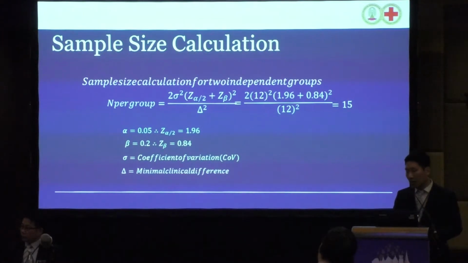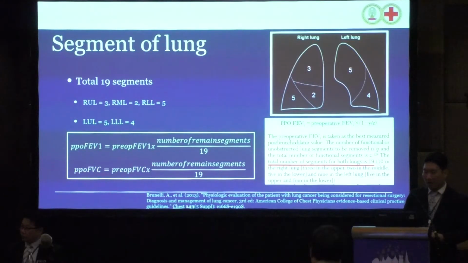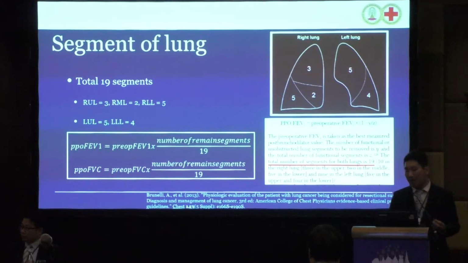Sample size calculation: we use this equation for 2 independent groups, so N per group is about 15. In general, post-operative pulmonary function depends on the amount of resected segments, and predicted post-operative FVC and FEV1 are correlated with the proportion of segments that remain.